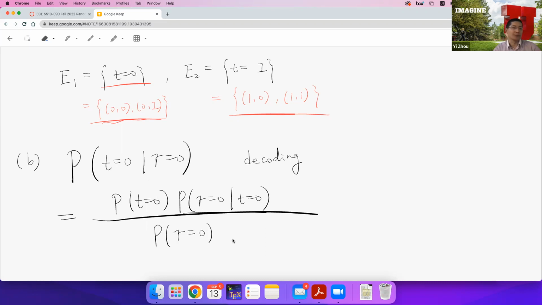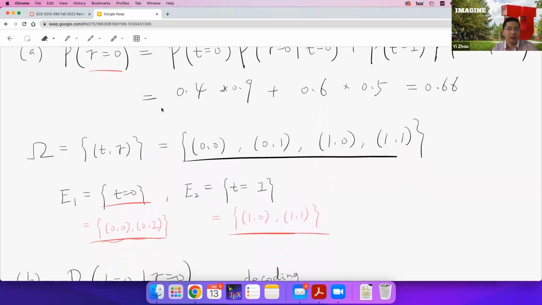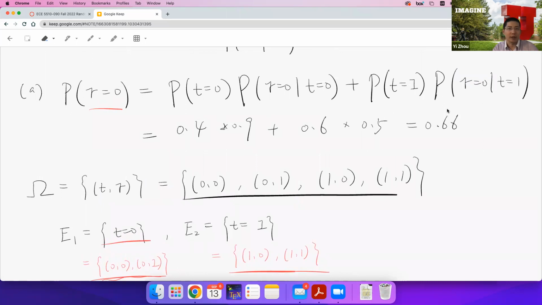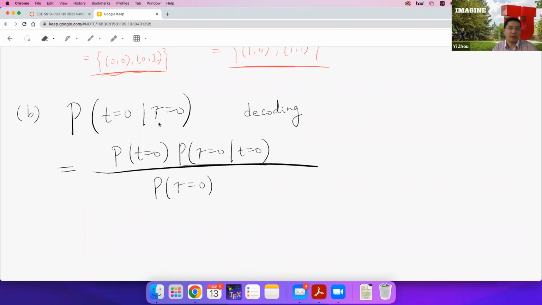We don't have to calculate the denominator in Bayes' rule because it is done in part A. Part A is actually calculating the denominator in Bayes' rule, which corresponds to the probability of this conditioning event. But we already calculated that in part A.